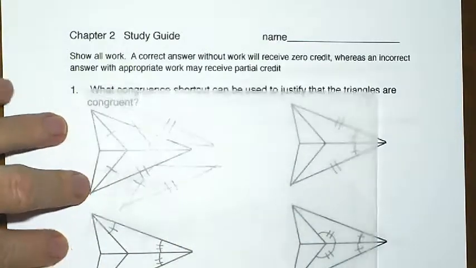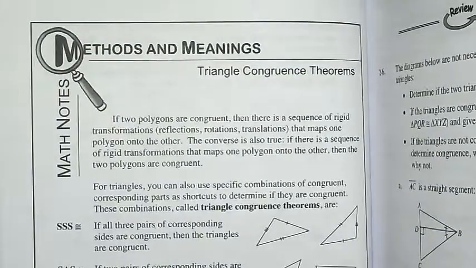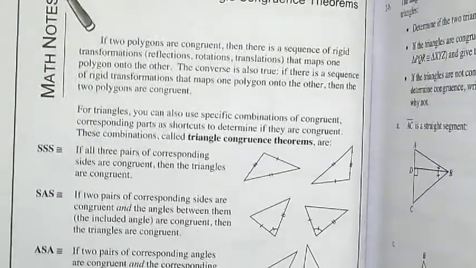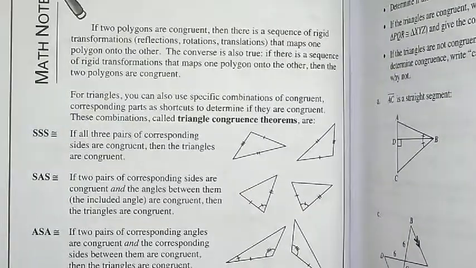Lots of triangles, and I want to be able to choose the correct shortcut. So these posters are on the board, and they're also summarized in the math notes that are in lesson 2.1.1. So if you are using the ebook, go to lesson 2.1.1 and scroll to the bottom.